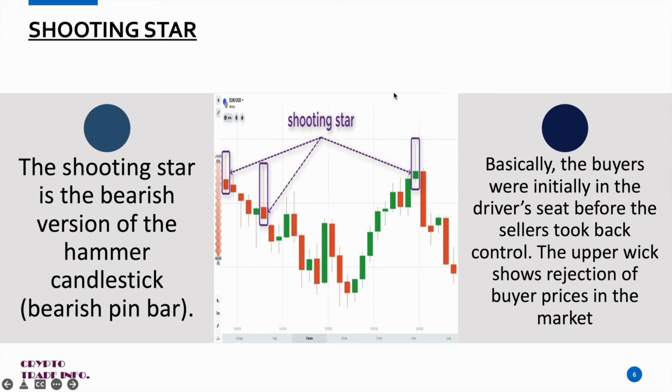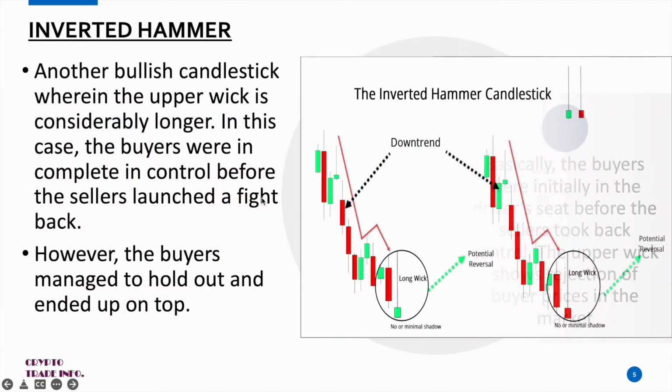Now the shooting star. The shooting star is a bearish version of the hammer candlestick, particularly the inverted hammer, to be precise. The shooting star looks similar to the inverted hammer. As you can see, let's go back to the inverted hammer.